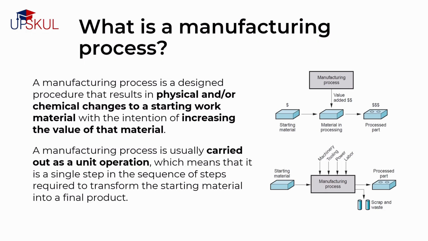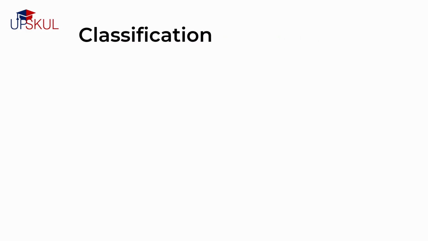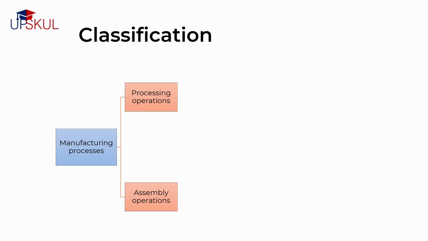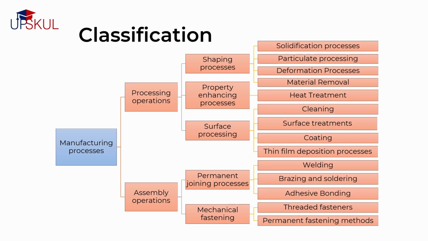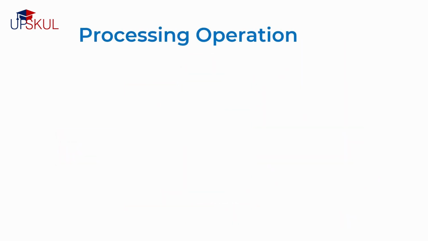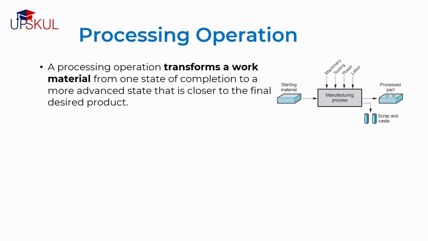Manufacturing operations can be divided into two basic types. First is processing operations and second is assembly operations. The processing operations transform a work material from one state of completion to a more advanced state that is closer to the final desired product.